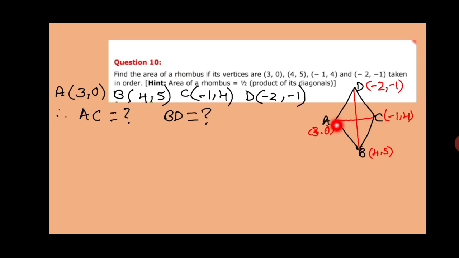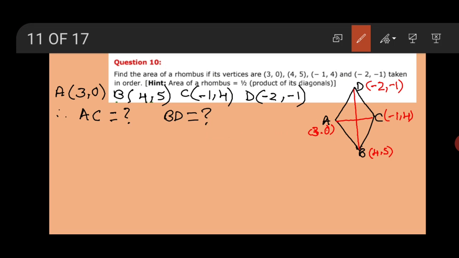Here by using the distance formula we can find the length of AC. It is given by what? Distance between any two points is given by square root of (x2 minus x1) whole square plus (y2 minus y1) whole square, right? So use the distance formula now. We have to find distance AC, so write down coordinates of A as x1, y1 and C as x2, y2.